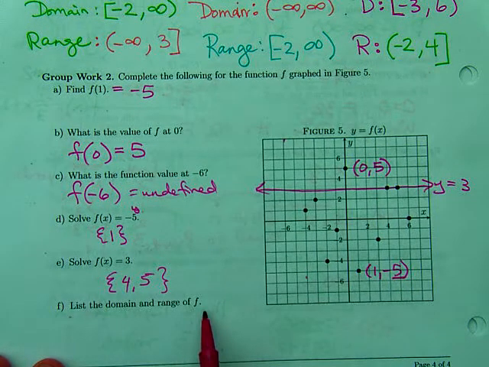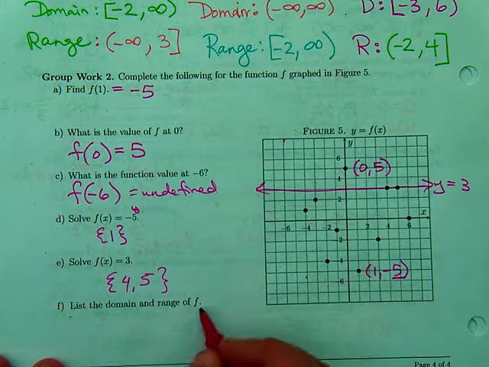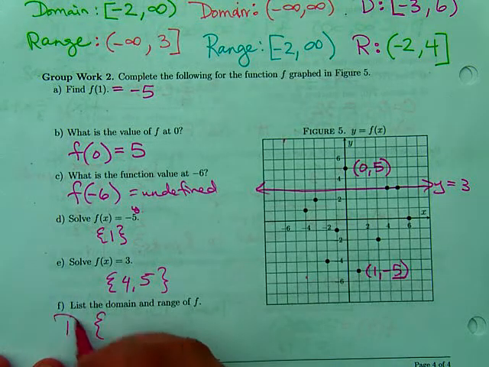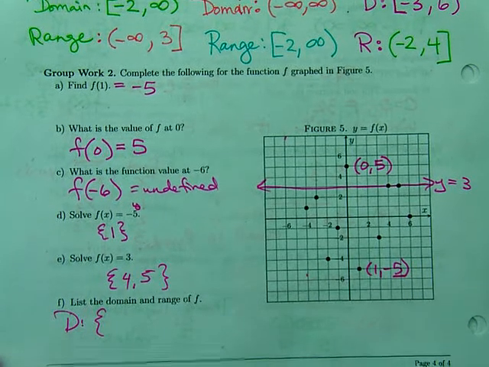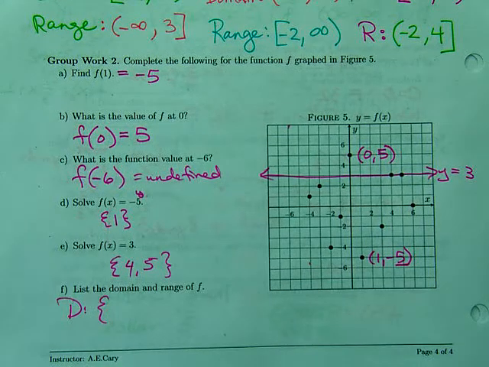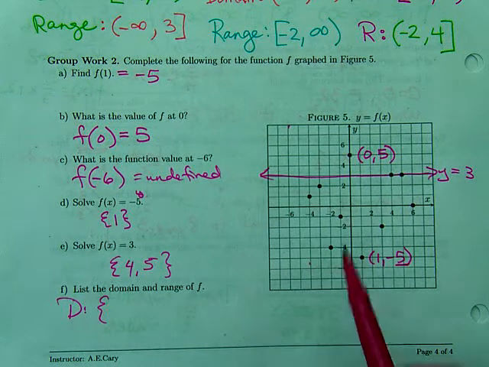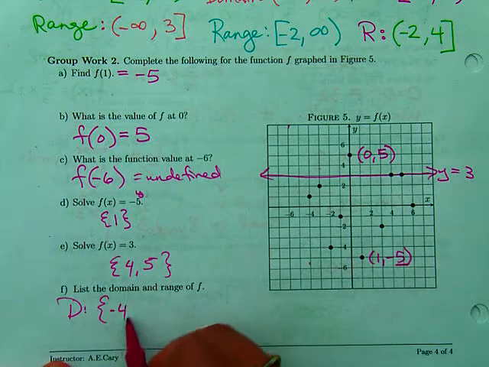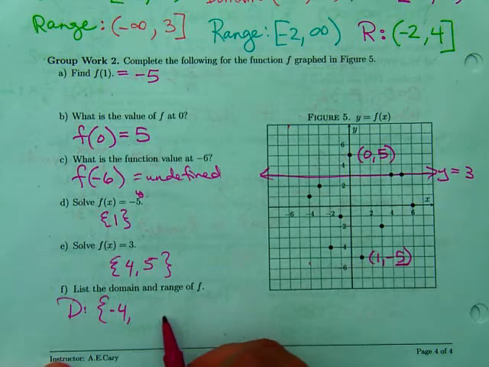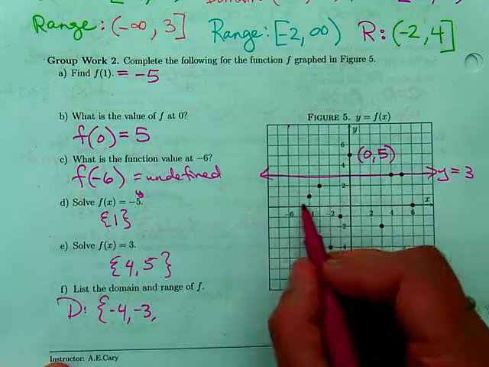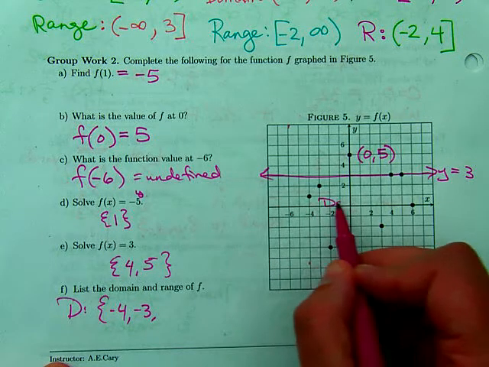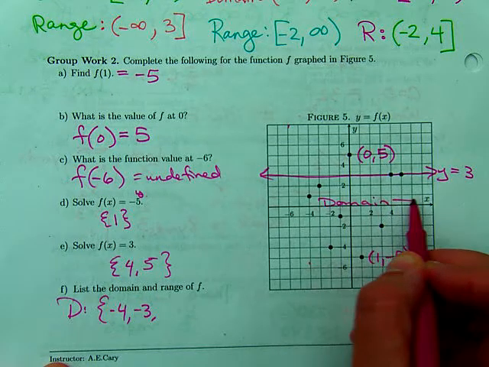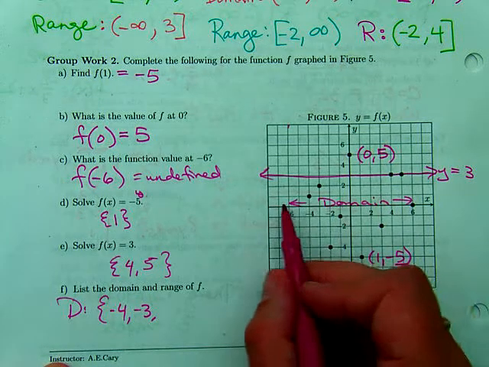List the domain and range of f of x, or f. Okay, the domain is going to be all the x values. So what are all the x values? -4, -3. I'm just going over on my x, because the domain is all the x values that I'm using.